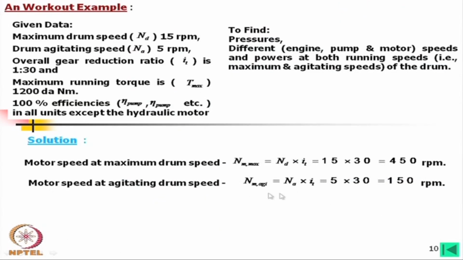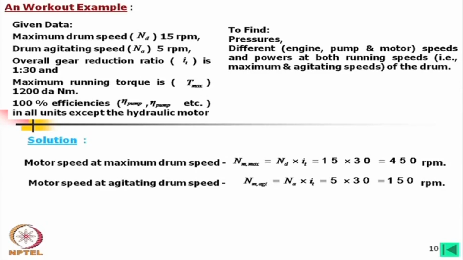Now, the solution will be like this. The given data are: maximum drum speed 15 RPM, drum agitating speed 5 RPM, overall transmission ratio of the gear unit 30, maximum output torque 1200 deca-Newton meter, and 100% efficiencies for all components. This is considered for solution purposes.